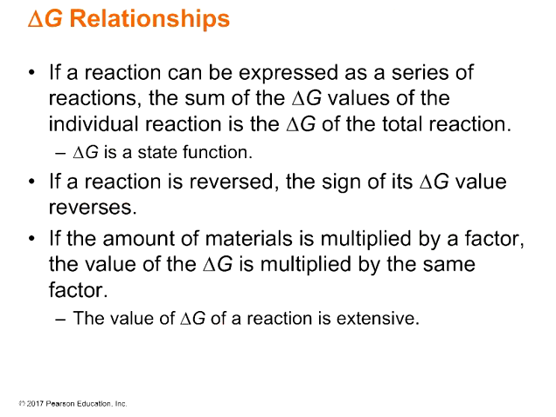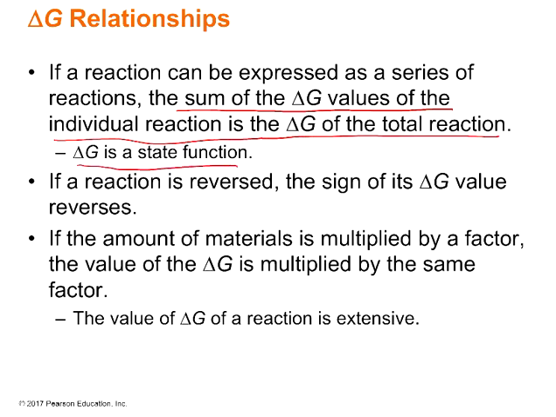So if a reaction can be expressed as a series of reactions, the sum of the delta G values of the individual reactions is the delta G of the total reaction. The reason that we can do this is because delta G is a state function. So it really just depends on the initial state and the final state. This is similar to enthalpy and entropy.